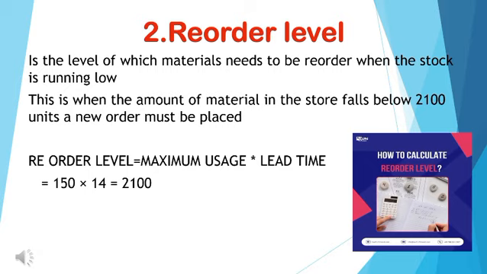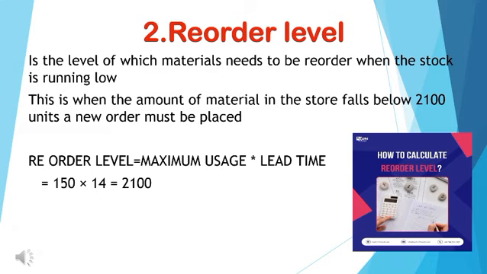Reordering level. This is the level of materials at which a new order for supply of materials is to be placed. In other words, at this level a purchase requisition is made out.